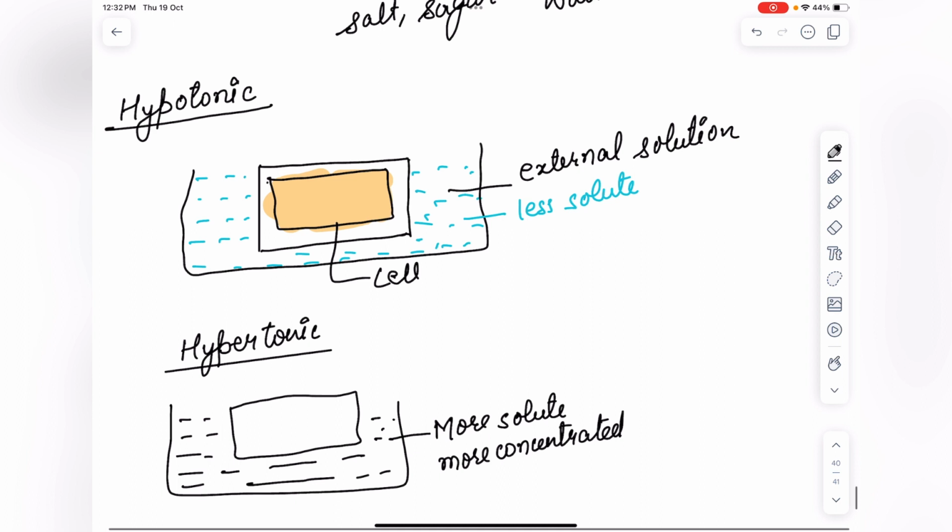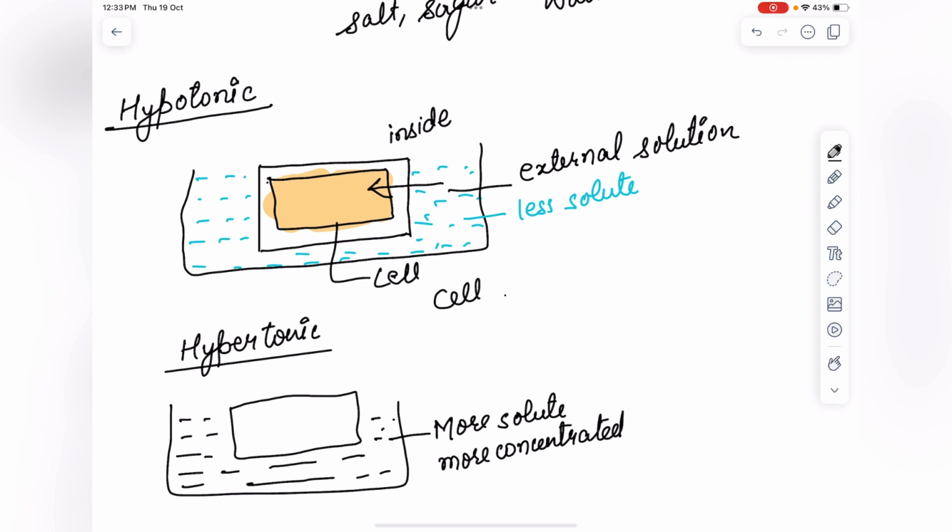In hypotonic, less solute is there. Here the concentration of water is more, so the movement will be from outside to inside the cell. In hypotonic solution, the cell will swell because the water will enter into the cell.